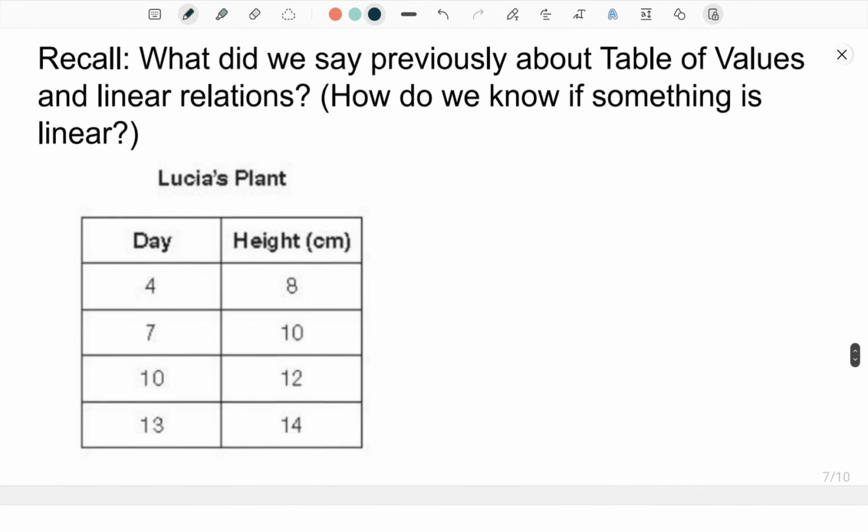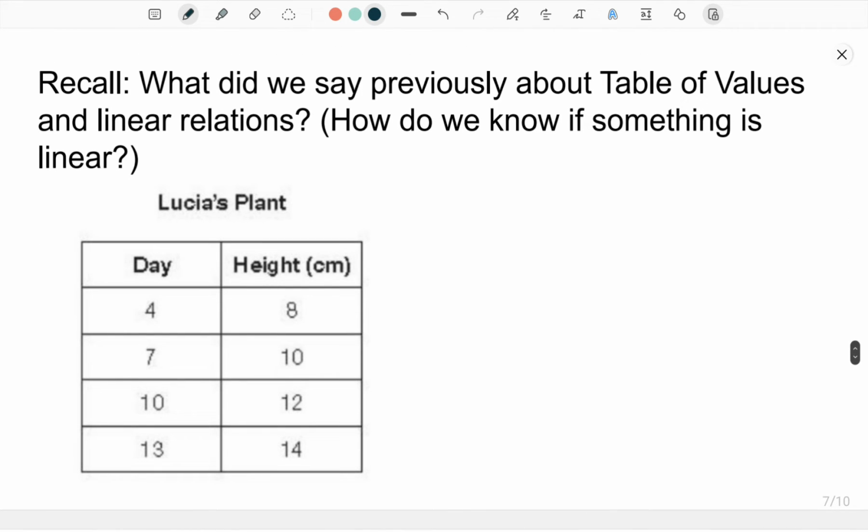All right. Now let's think back to tables of values. So we've seen some tables of values previously. And what we had said previously is that when we have a table of values, we look to see, is there some sort of pattern in the way it's changing as you go up the table or down the table.